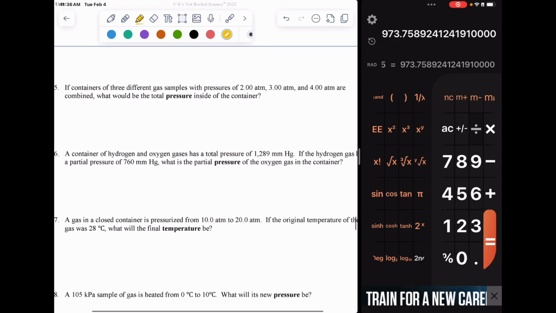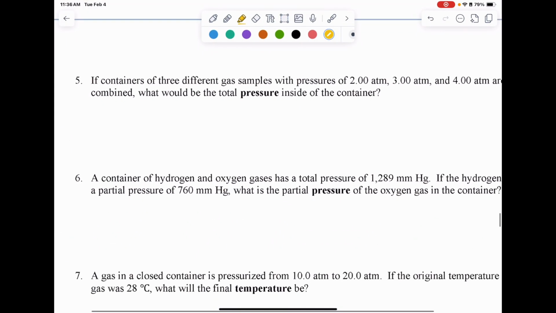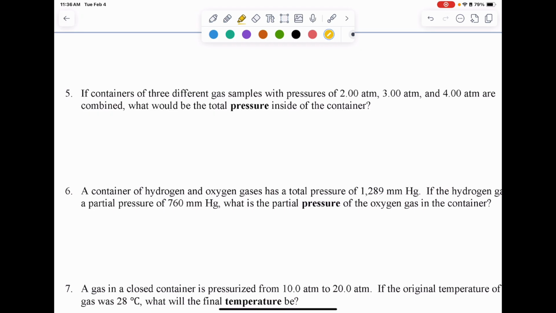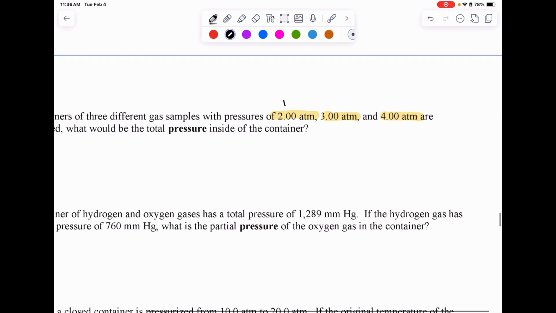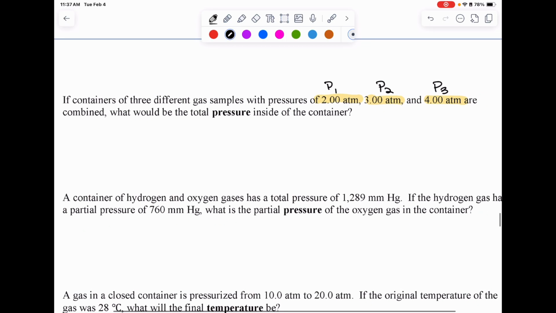So number 5, if containers with 3 different gas samples with pressures of 2, 3, and 4 are combined, what would be the total pressure?